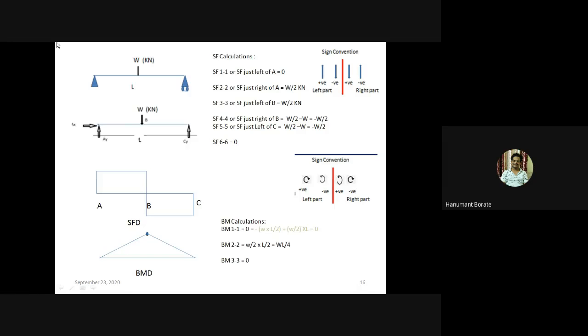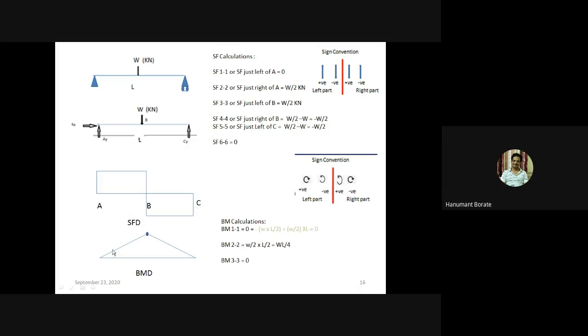Once again I will repeat, if at an intermediate point between A and B we take a section at a distance x, and calculate the bending moment, we'll get bending moment W by 2 into x, and this x we can vary from 0 to L, right? So the bending moment at a section SS equals W by 2 x, and that W by 2 x indicates the equation of a straight line.